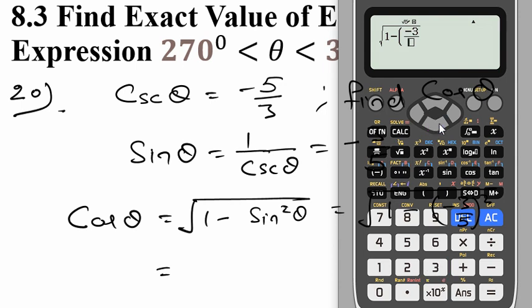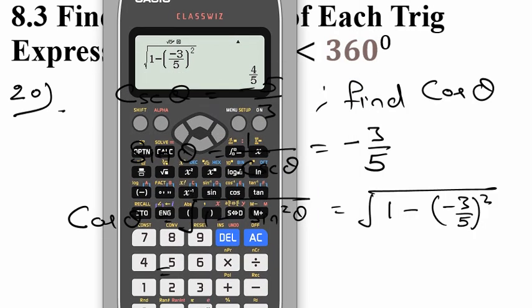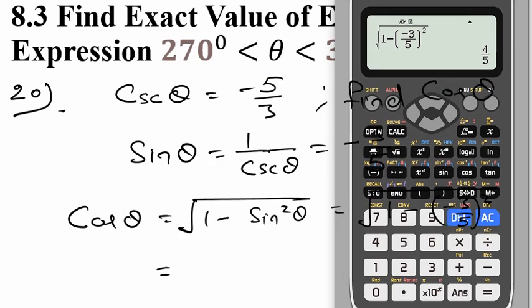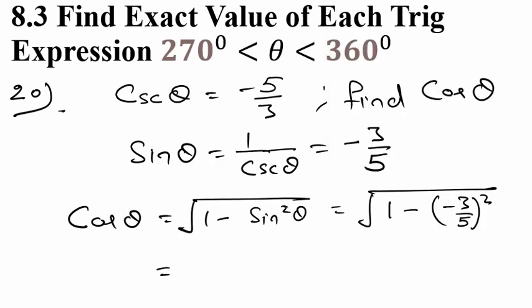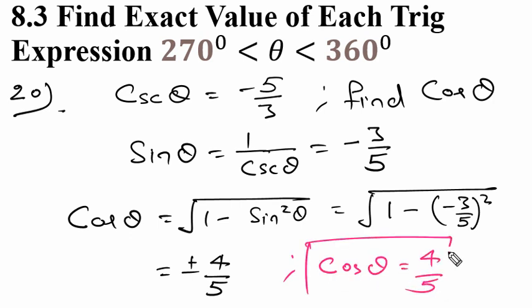Negative 3 over 5, square. Let's press equal. That gives us 4 over 5. Let me cross check if I wrote everything right. Yes, 4 over 5 is the answer. So this will give us plus minus 4 over 5, and this is quadrant 4 as I've said, so cos theta will be plus 4 over 5, because in quadrant 4 cos is positive. That's how you will do it.